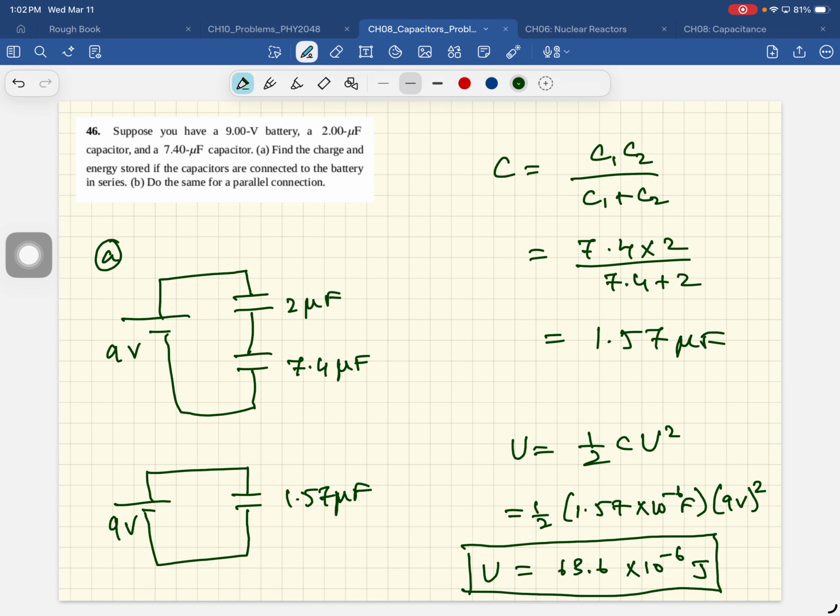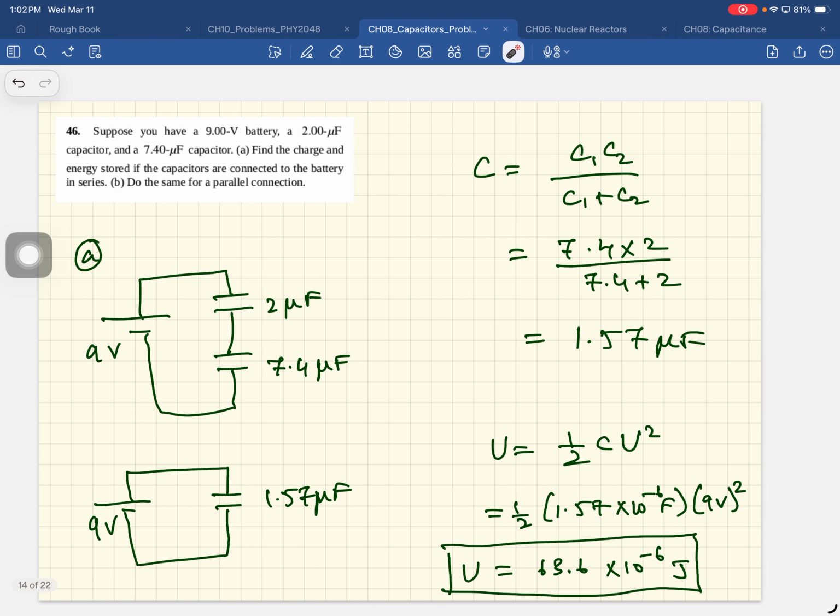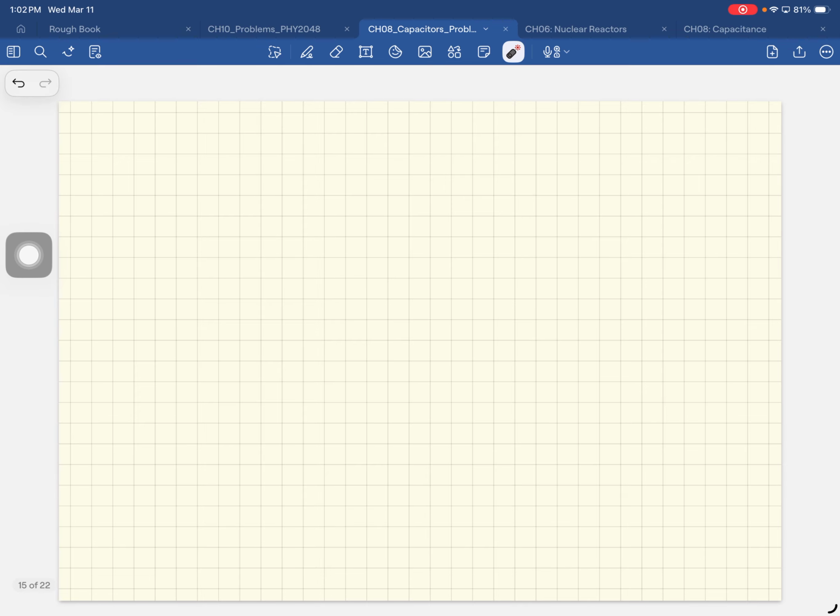Okay, 64 microjoules. So in this series combination, that's how much energy you've stored. Let's do the same thing for the parallel combination.